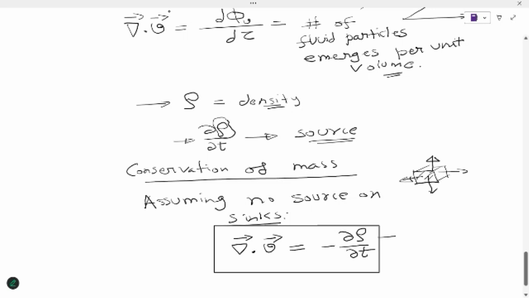So this is our equation of continuity. We will stop here.